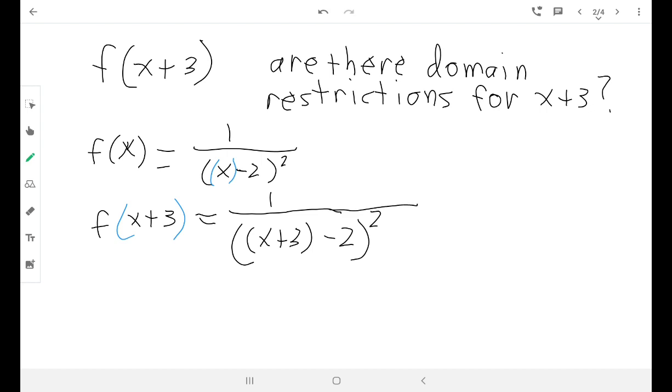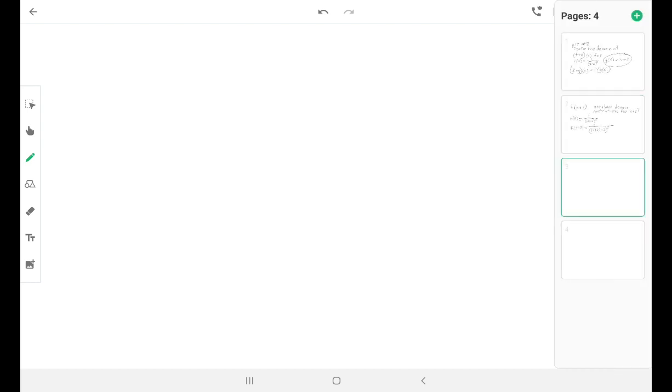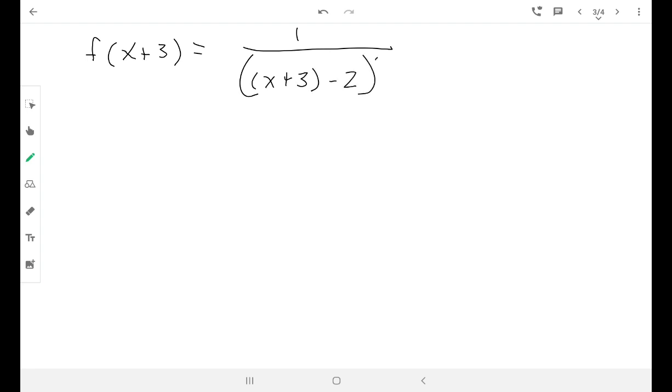So there's what my new one looks like, and I'm going to need that, so let me start that on a new board. So F of X plus 3 equals 1 over X plus 3 minus 2 all squared, like that. And then I want to simplify this as much as I can.